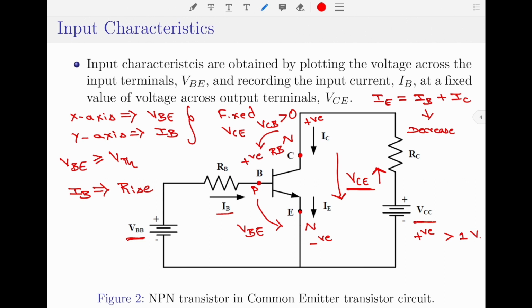You should note that since the collector to base junction is reverse biased, the collector current is effectively constant, and therefore, to compensate for the decrease in the base current, the emitter current must also decrease. When I say the emitter current decreases, you should note that it is the rate of change of the input current that changes. Since it is decreasing, the slope of the input characteristic curve will decrease.